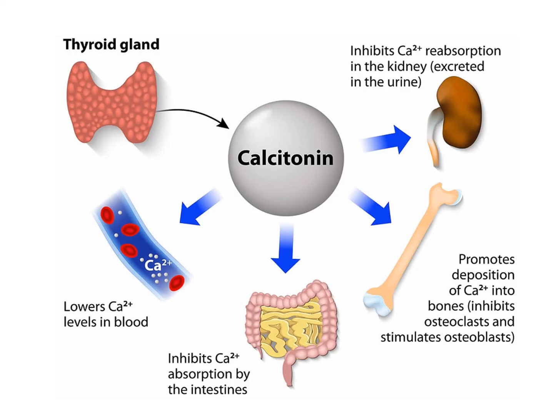Okay, so calcitonin, again, this is the last slide actually. So calcitonin, where does it come from naturally? It comes from the thyroid gland, but we take advantage of it as a drug to treat osteoporosis. Okay, where does it act? Well, it's going to block the bones from breaking down calcium, right?